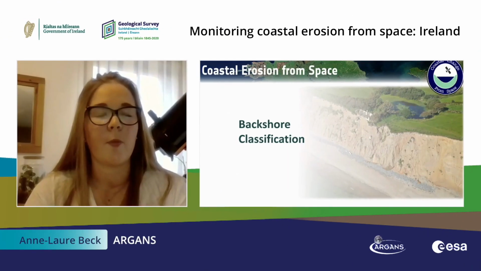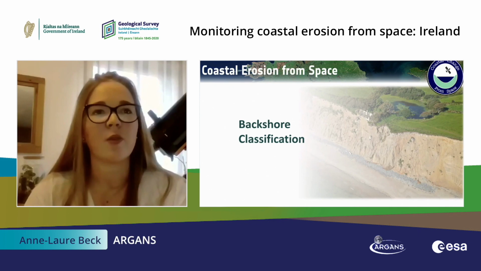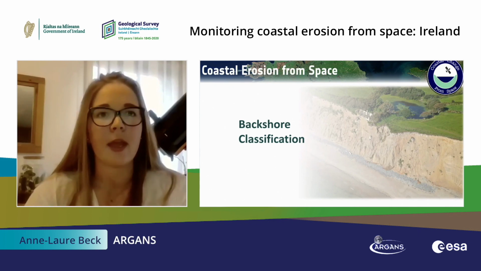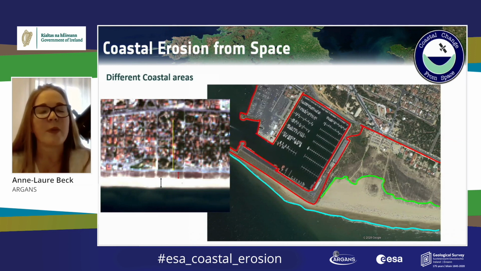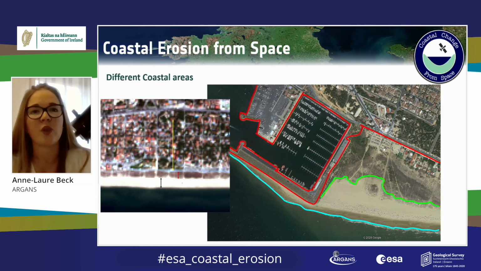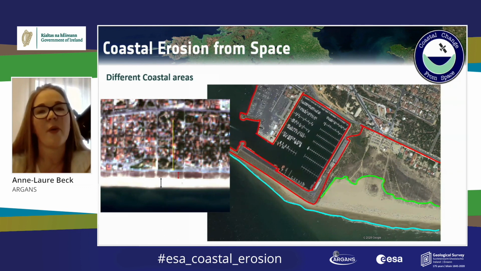Thank you. We're now going to present you the Backshore Classification processor. So as you've seen with Scott, sometimes the shoreline is at the wrong position depending on the feature we have on the coast. So we try to identify the different coastal areas. For example, here, behind this red line, we have some man-made features, for example, harbor, city, we can also find crops.